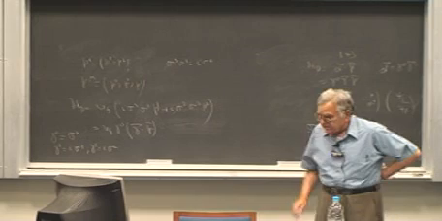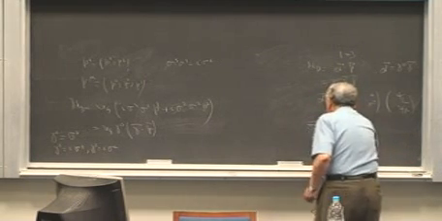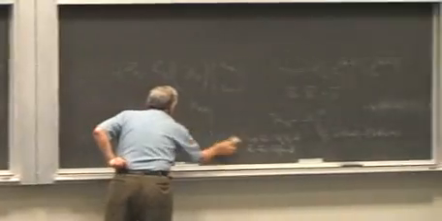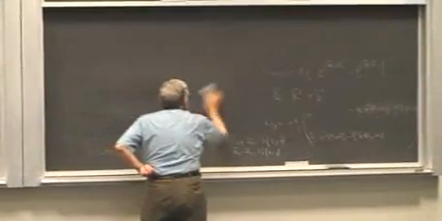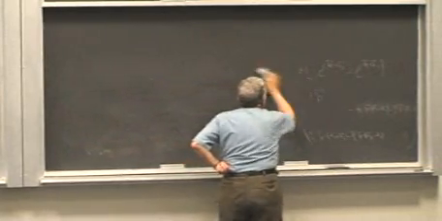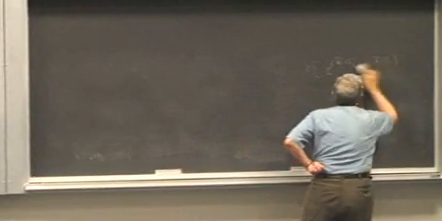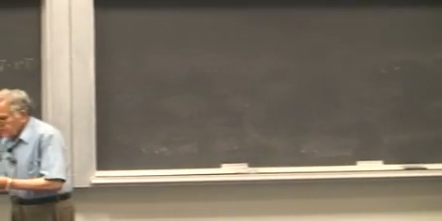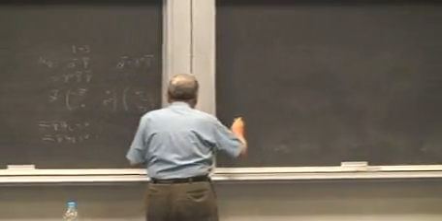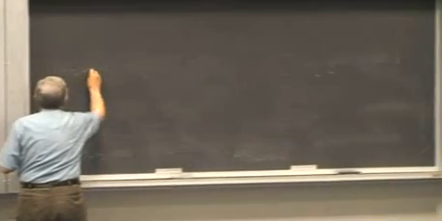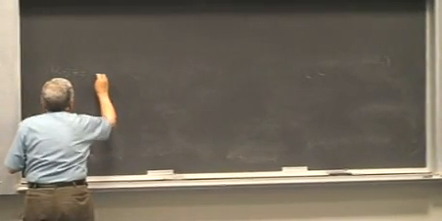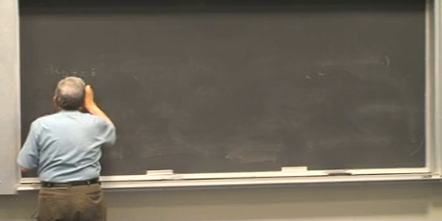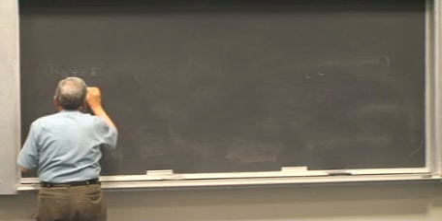So having said that, let me also write the Dirac equation in covariant form now. Then the Dirac equation will be psi equal to E psi.